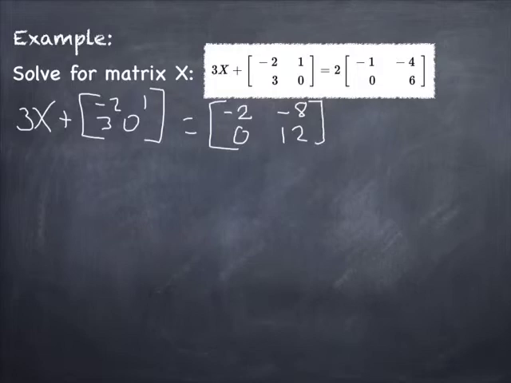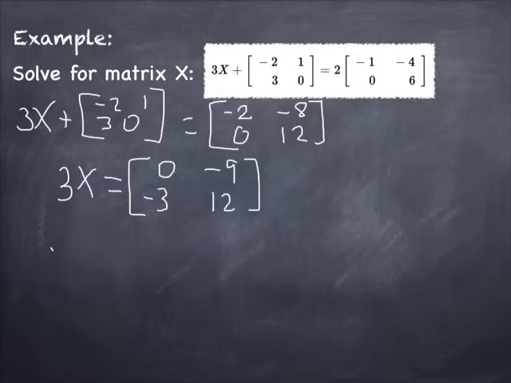Now I'm going to subtract the matrix from both sides, so negative 2, 1, 3, 0 is going to be subtracted, and we get 3X equals, so negative 2 minus negative 2 is 0, negative 8 minus 1 is negative 9, 0 minus 3 is negative 3, and 12 minus 0 is 12.